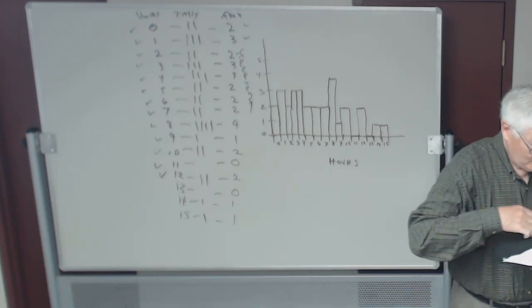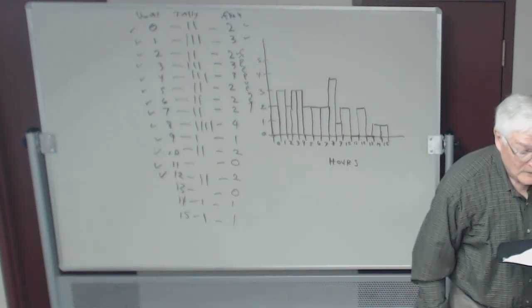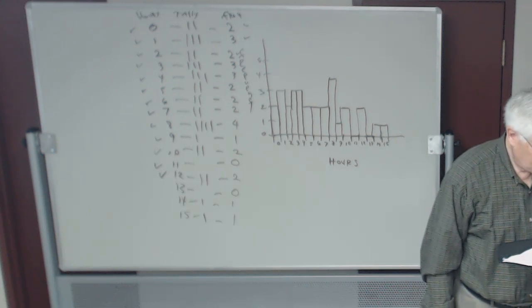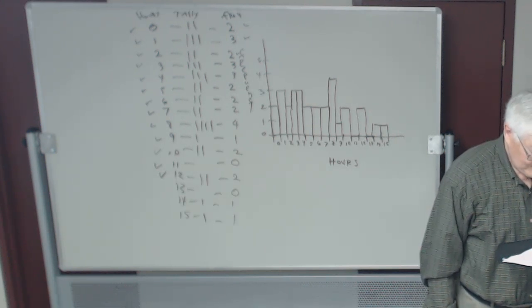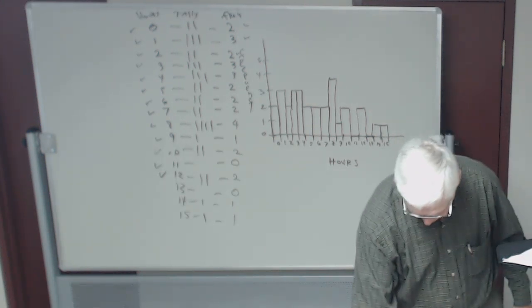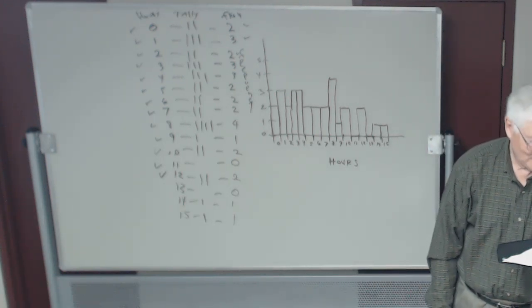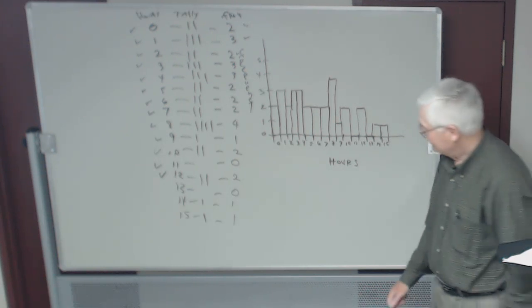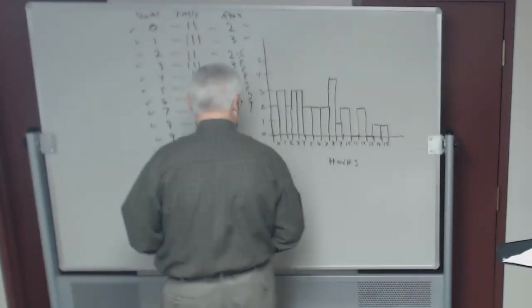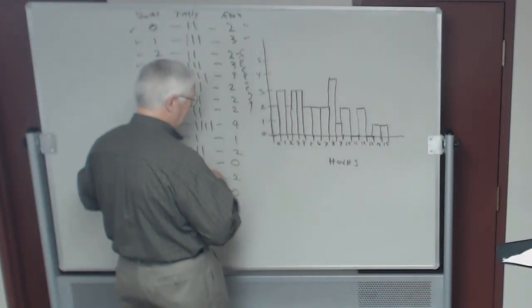It's on page 791. It's a frequency polygon. Now watch how I make a frequency polygon from this. Where was 0?